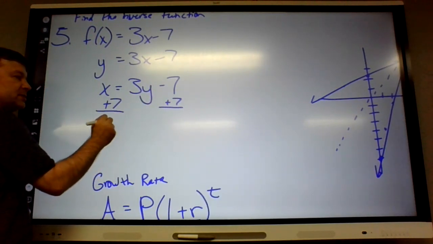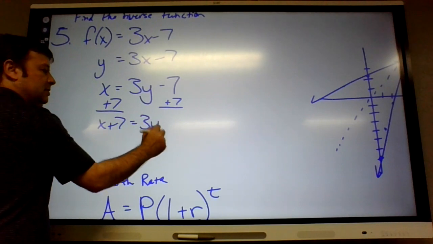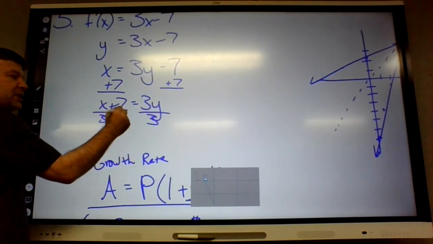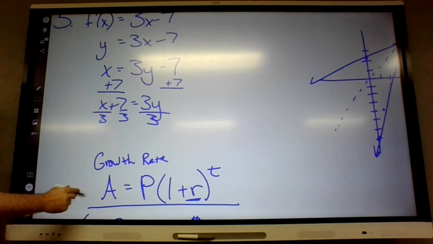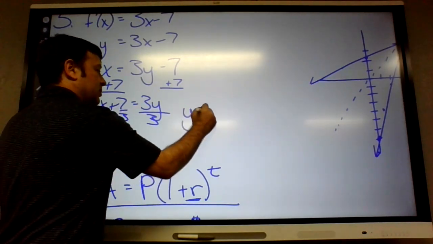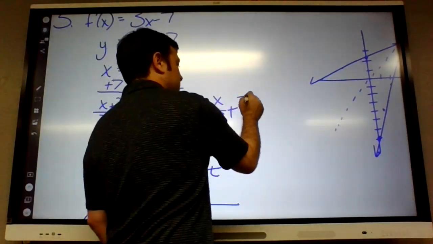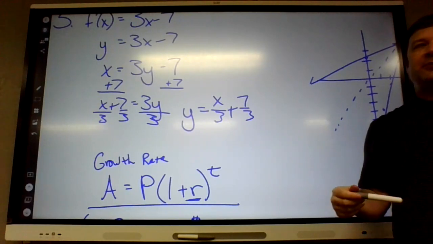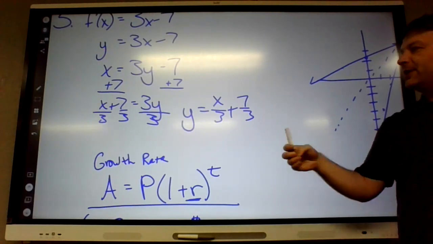Add 7 and divide by 3. You could divide the whole side by 3, but usually you just want to divide each term by 3. So y equals x over 3 plus 7 thirds. Now, if the problem said and graph it, would you guys know how to graph these?